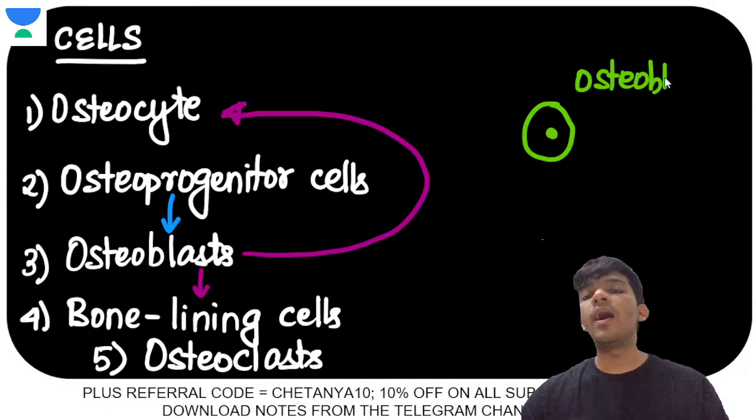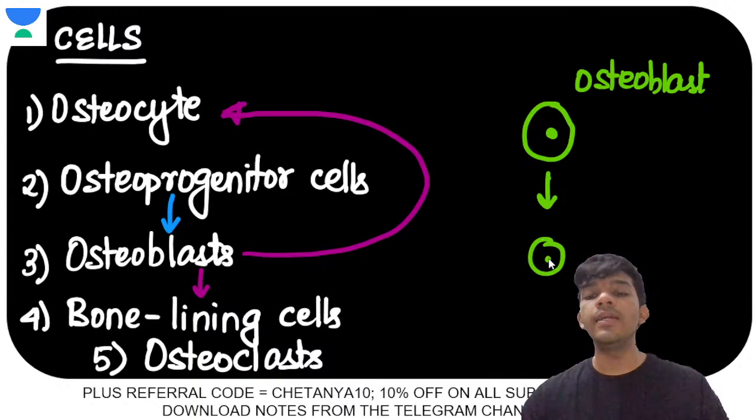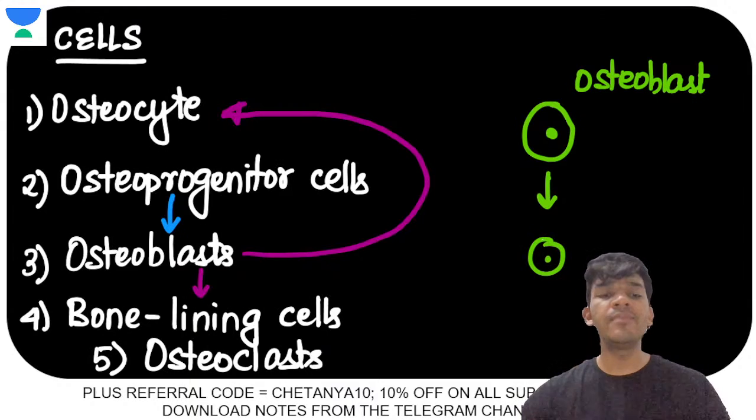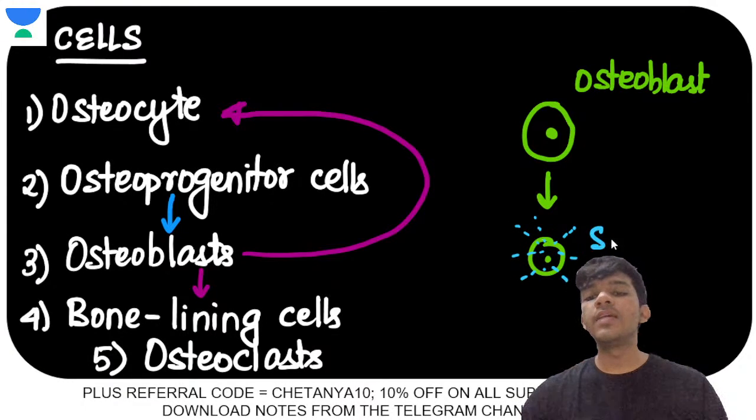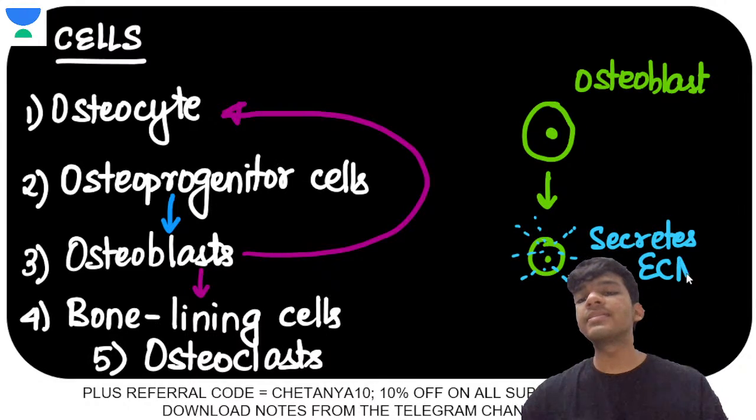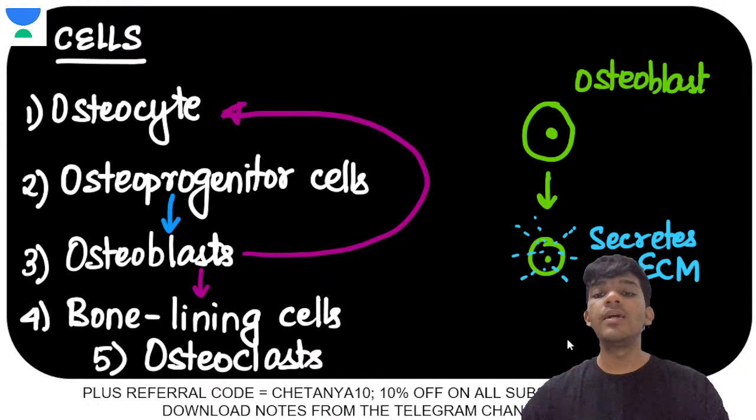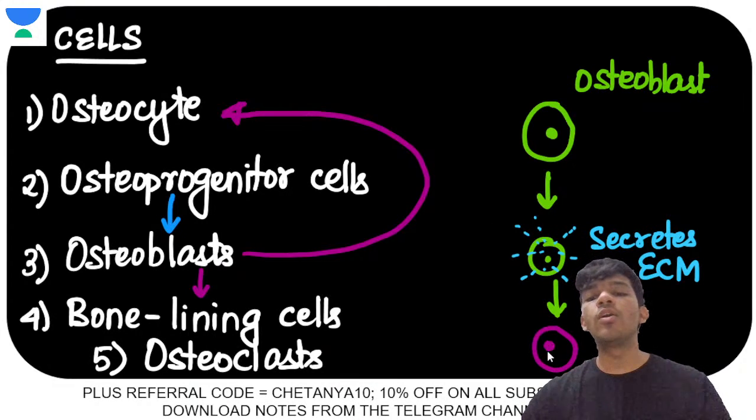Now an osteoblast, during its development, starts to secrete extracellular matrix around itself, right? So I'm writing here, secretes extracellular matrix. And once the matrix gets deposited around the osteoblast, it gets converted into an osteocyte. So an osteocyte is nothing but an osteoblast which has deposited extracellular matrix around it.